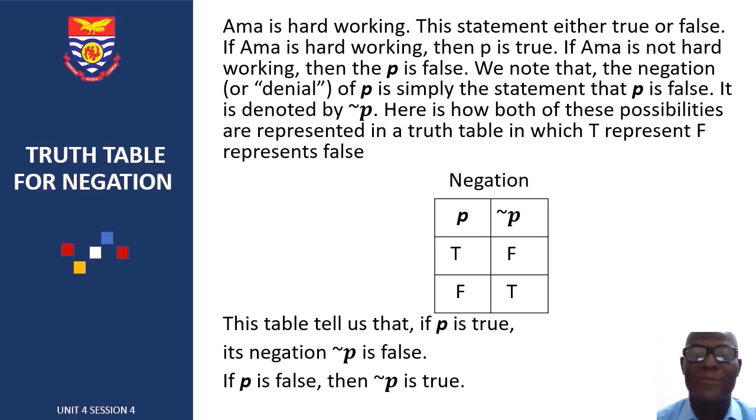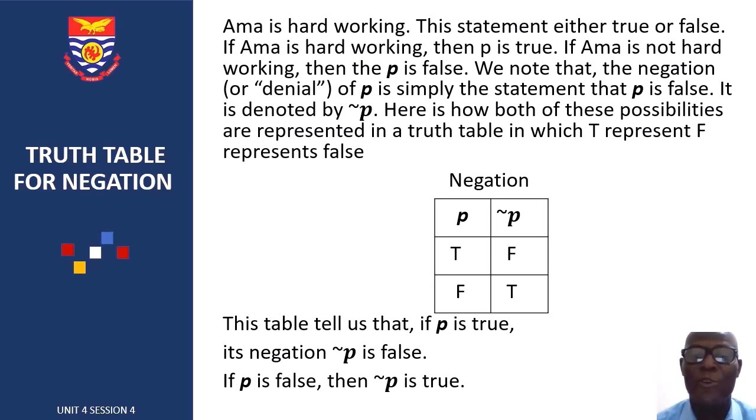Now, if a statement P is "Kofi is a bad boy," then its negation or denial will be "Kofi is not a bad boy," and that is represented by tilde P. Under P, if P is true, that is, if Kofi is a bad boy, then its negation is false, meaning Kofi is not a bad boy.